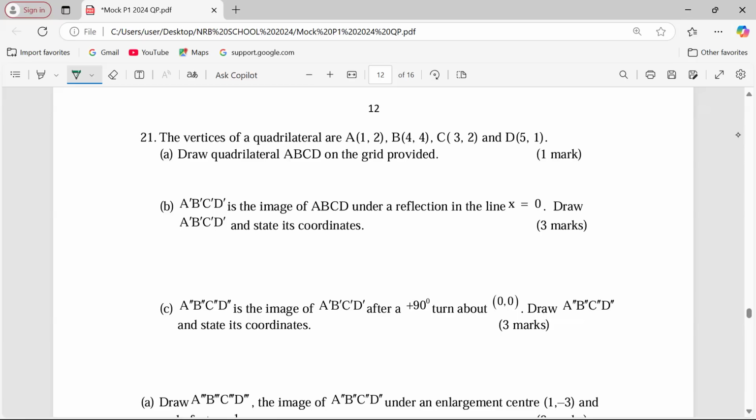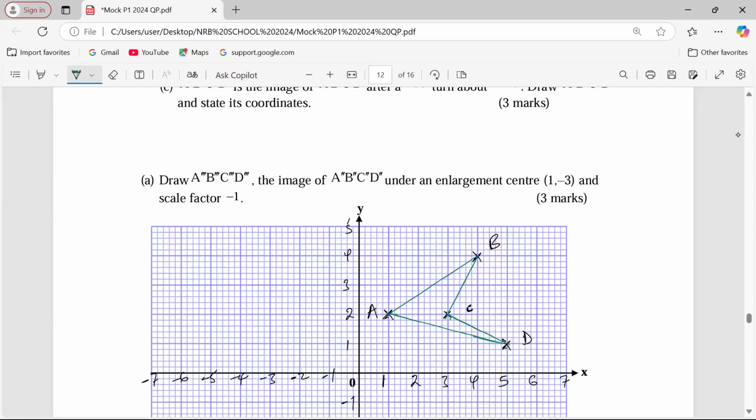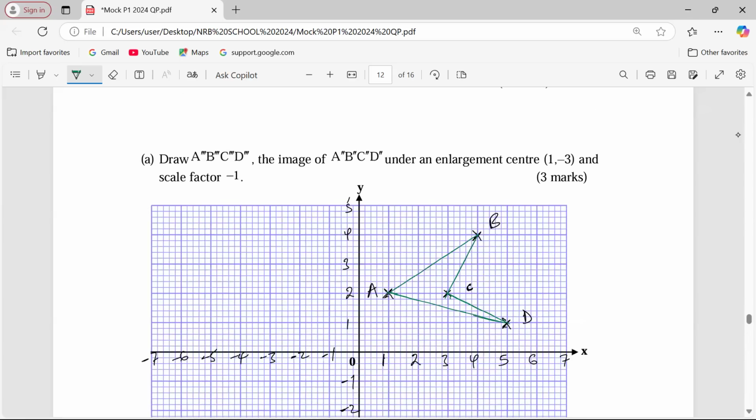In a reflection, you should be very careful with the mirror line. The mirror line here is X equals 0, which is the Y-axis. So we are reflecting along the Y-axis.